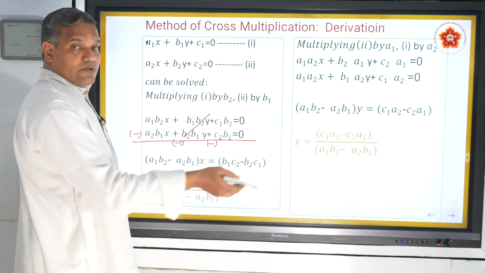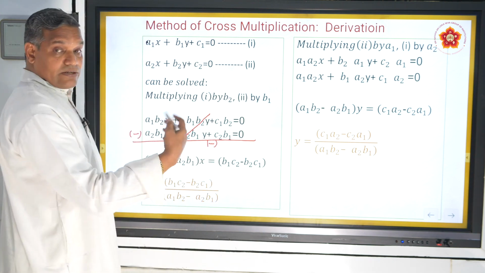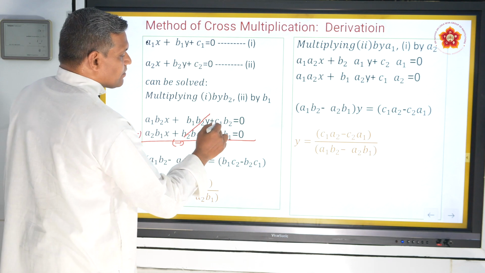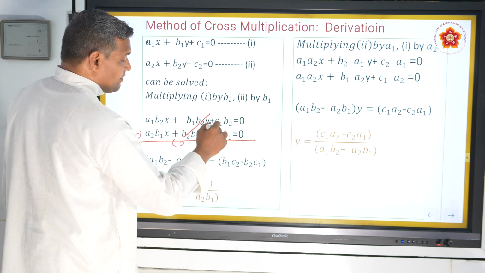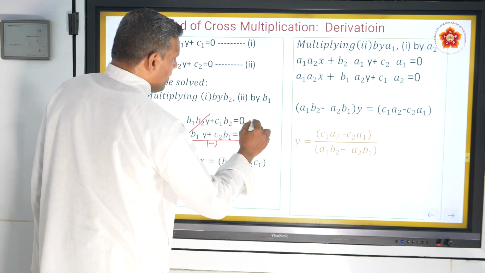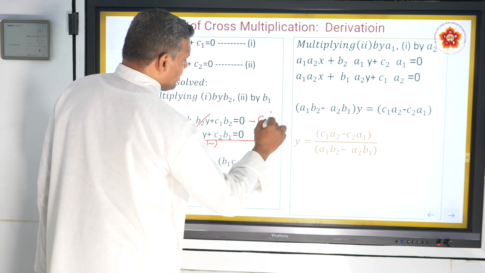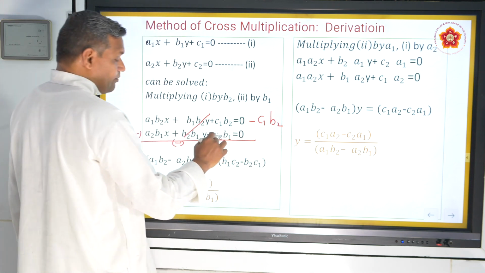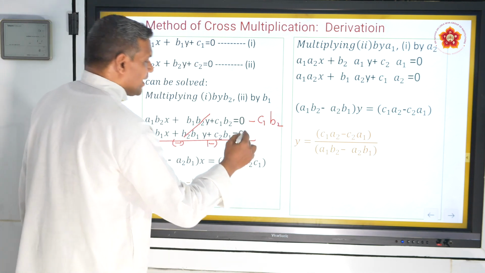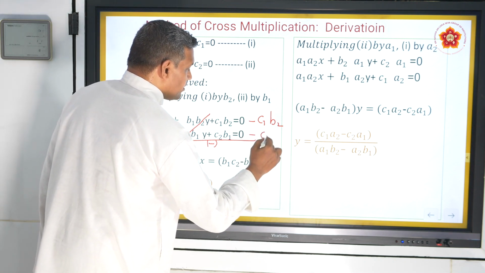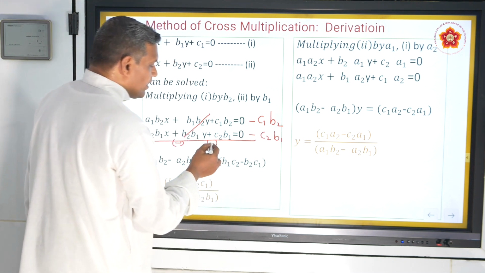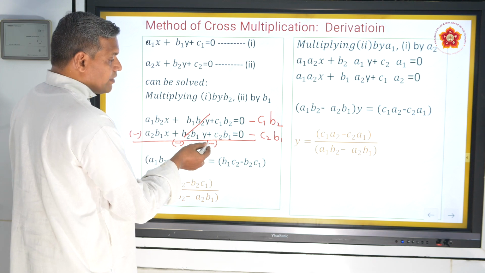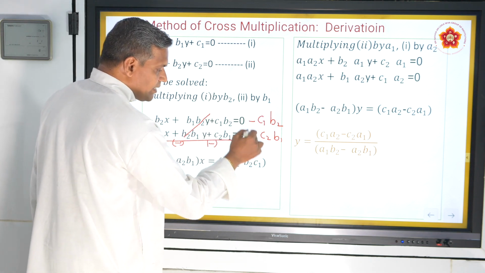I need to transpose into the other part of the equation to get it into the other side. So when I transpose, what will c1 b2 become? Plus c1 b2 will become minus c1 b2. When I transpose this c2 b1, what will it become? Minus c2 b1. But remember, we already changed the sign into minus. When I am transposing that side, it will become plus.